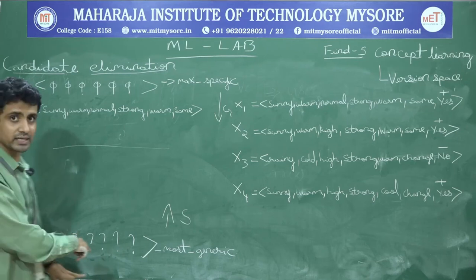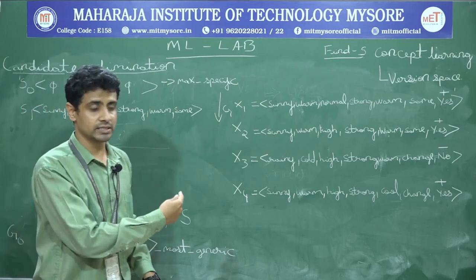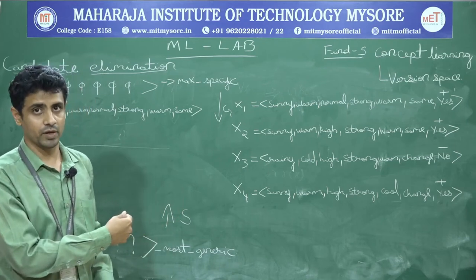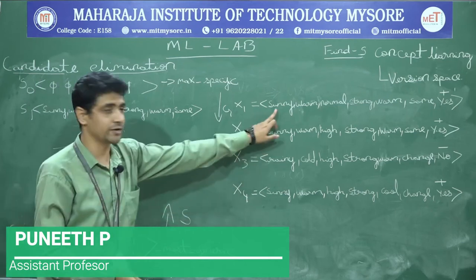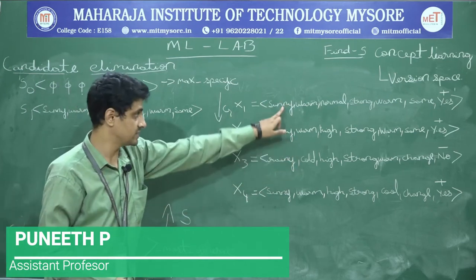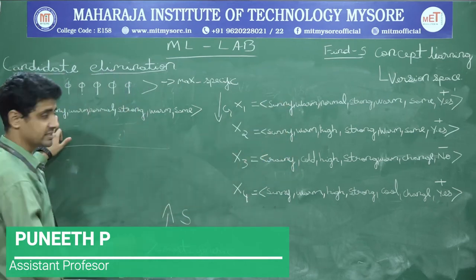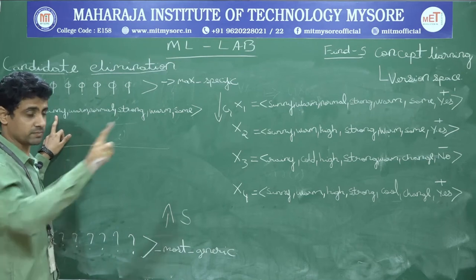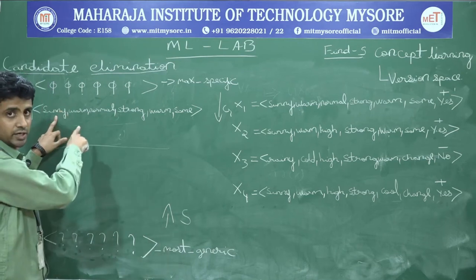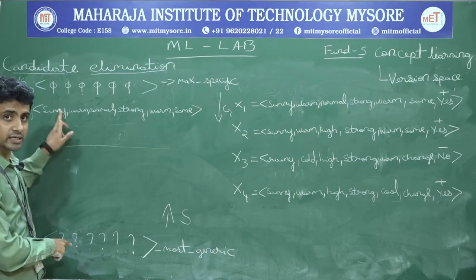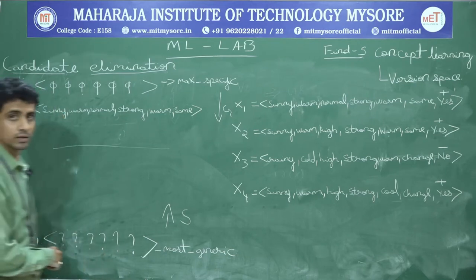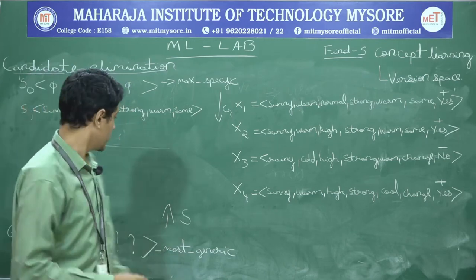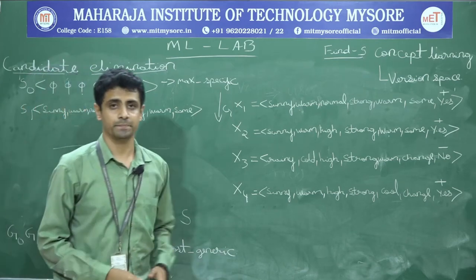No, because question mark is more generalized than sunny. Question mark indicates all the possible values for the first attribute. It might be sunny or rainy, but in this instance we have only one attribute value, that is sunny. So question mark is more generalized than this. So G1 remains the same. Hope you all got it.